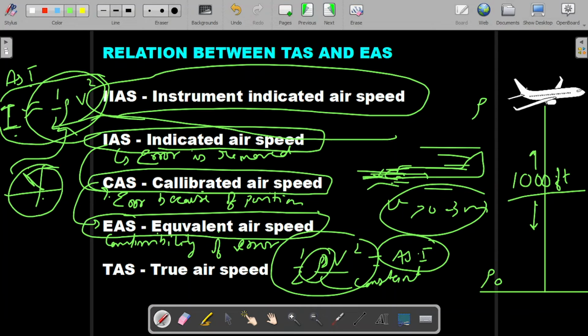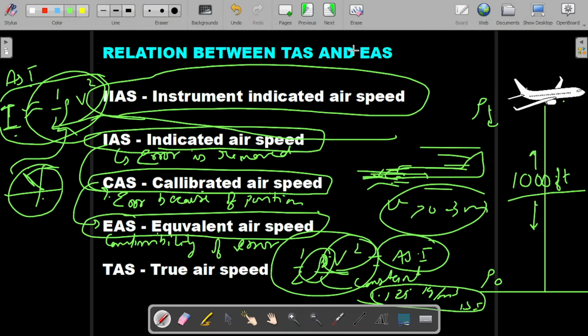Half is constant, rho is taken as constant, which is equal to 1.225 kg per meter cube, that is the ISA condition, which makes it constant. But when the aircraft goes up in the air, the density reduces.